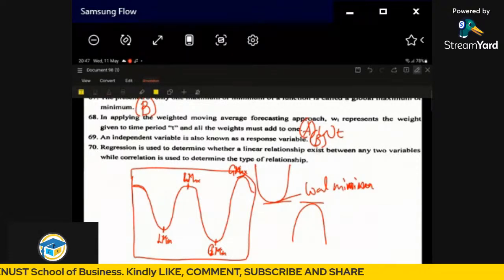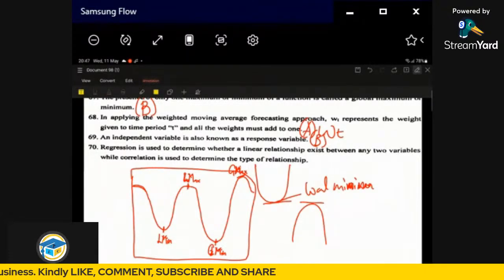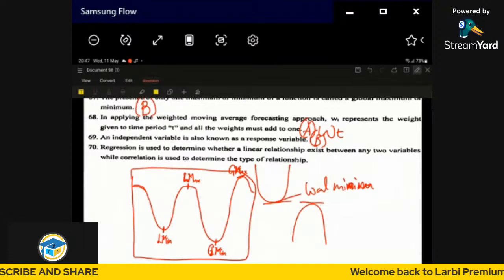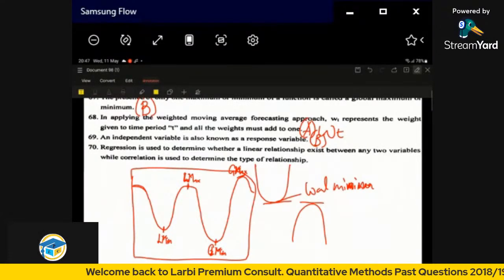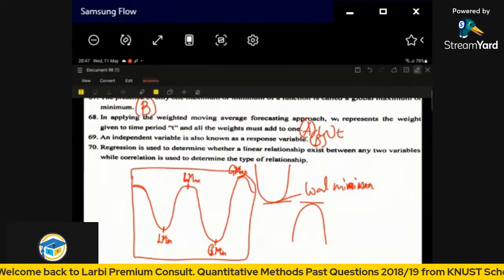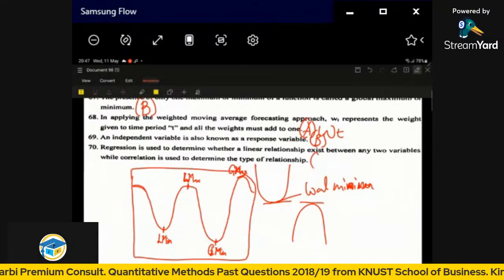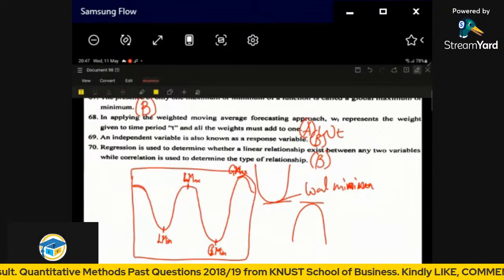So here it's just a turnaround definition. Instead of saying that regression is used to determine the type of relationship, we are saying that regression is used to determine the linear relationship, and that correlation is used to determine the type of relationship. We have just interchanged their definitions here. So here too we can say that this is also a false statement.